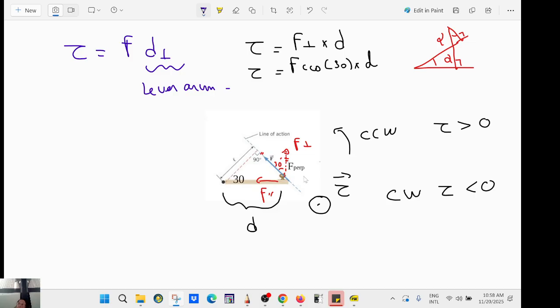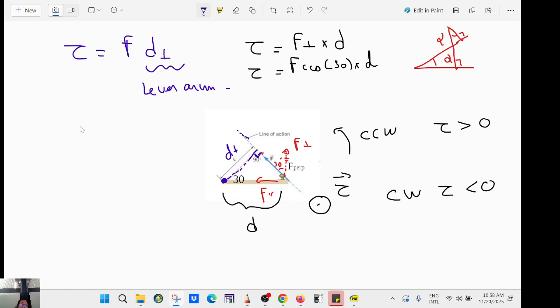So how do we find the lever arm? You take your force, and this line here is called the line of action. So you extend it. And then you take the axis of rotation here, and you take the perpendicular distance. So this is called the perpendicular distance, or the lever arm.